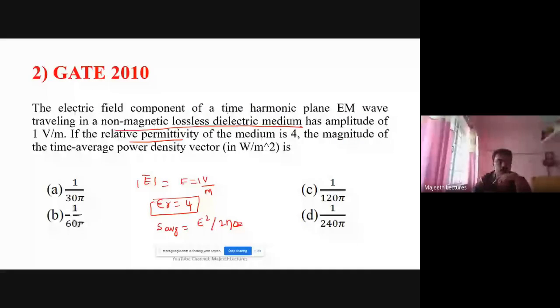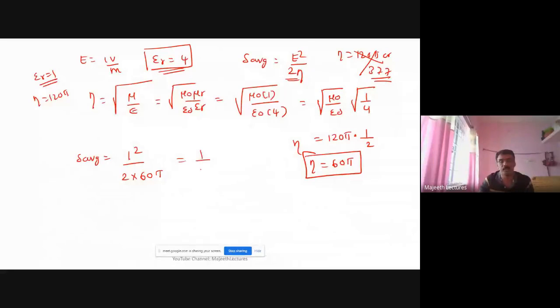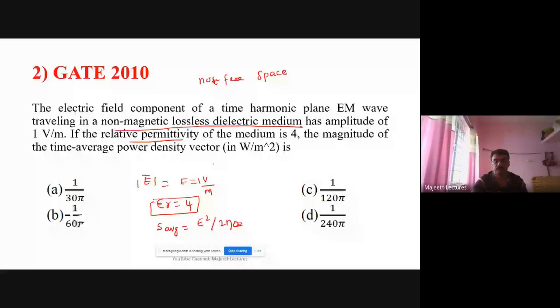So whenever you solve a problem, please give attention to the medium. It is not free space. Yes, average is equal to E squared, 1 divided by 2 eta, 2 into 65, it will be 1 by 125. The answer is option C.